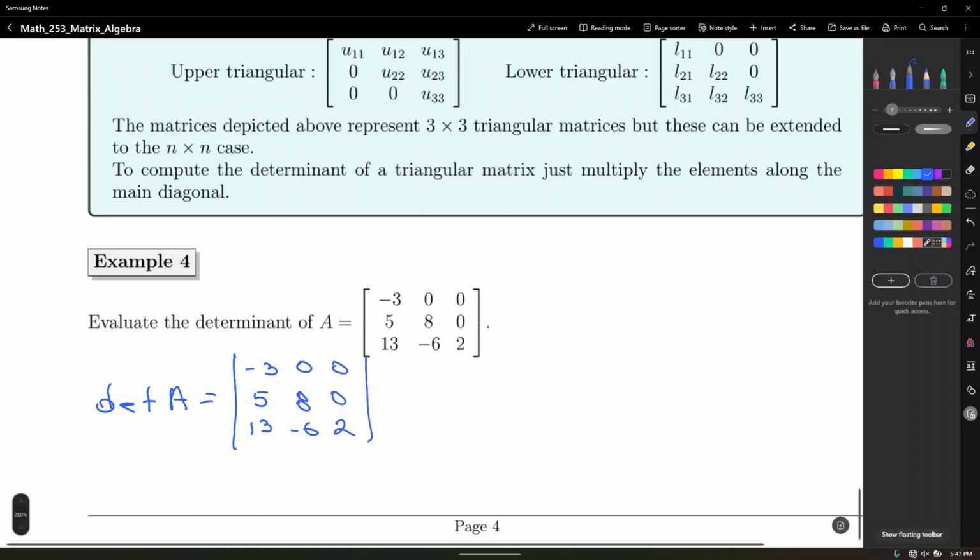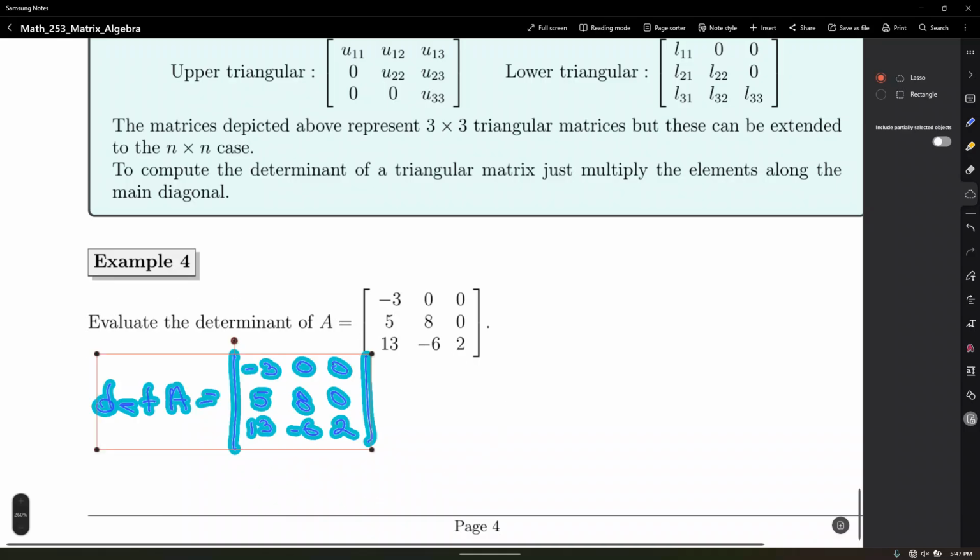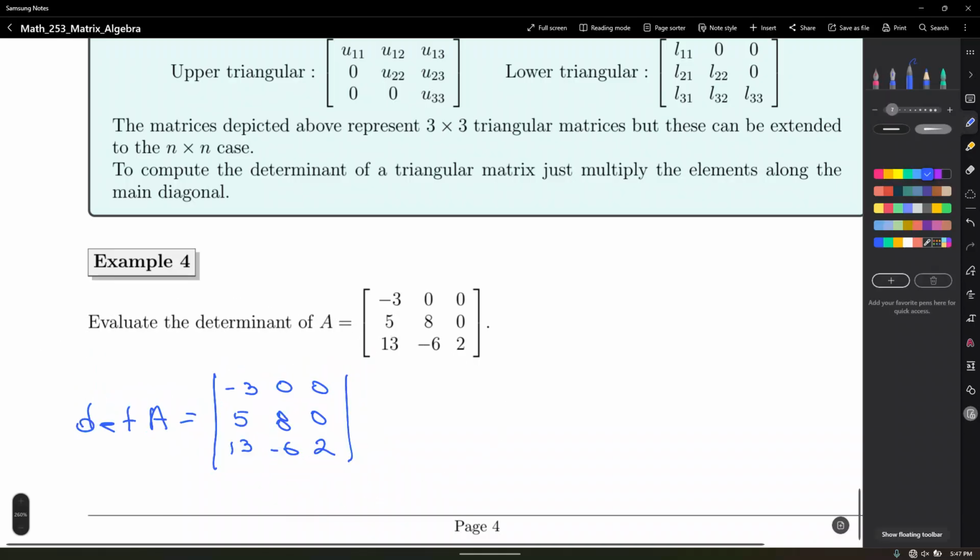Because this matrix happens to be triangular, all we do is multiply the elements along the main diagonal to find its determinant. That means negative 3 times 8 times 2, which equals negative 48.